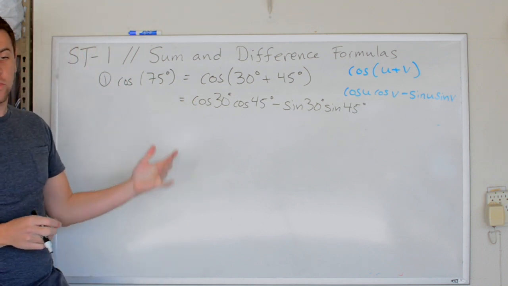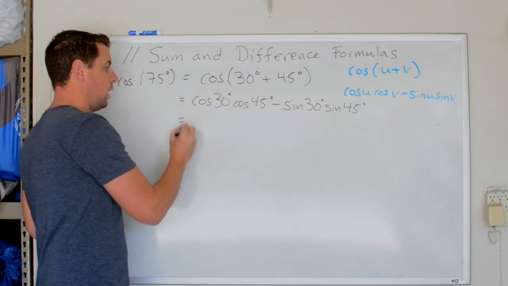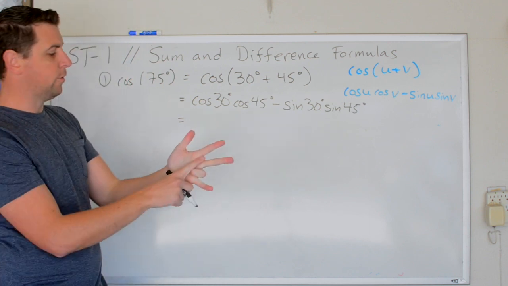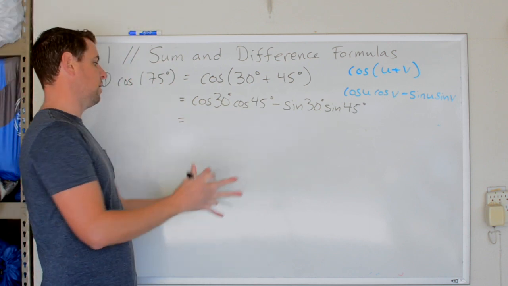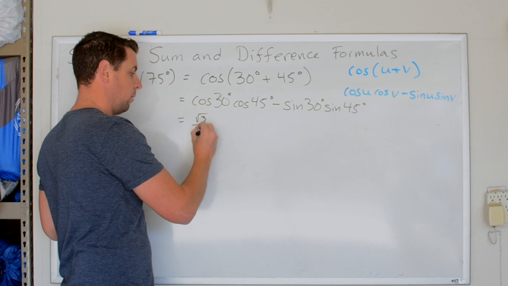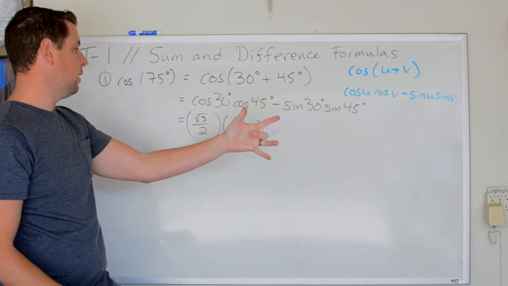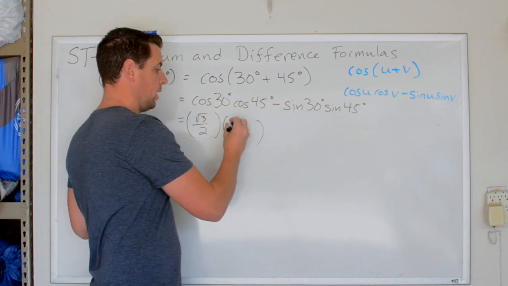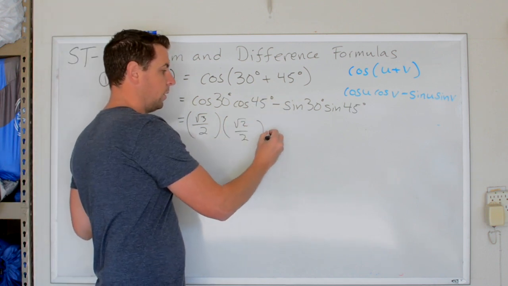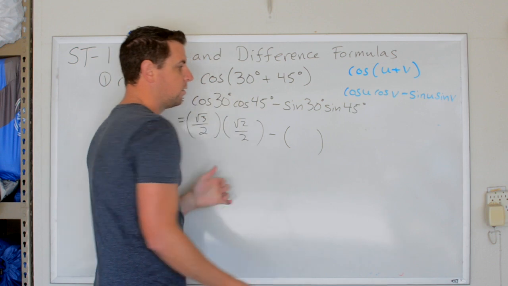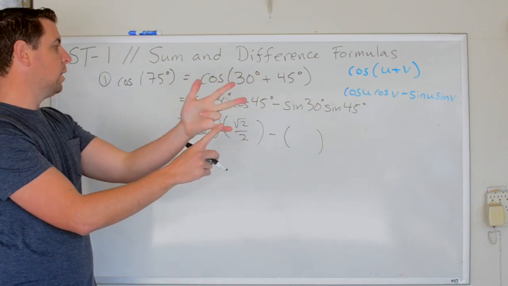Again, I like to use the left-hand rule, so I'm going to do that. For cosine of 30 degrees, if I pull back 30 degrees, cosine is the value on top, so that's going to be radical 3 over 2. Cosine of 45 degrees is the x value there. That's the value on top again, which would be radical 2 over 2. Minus sine of 30 degrees is the y value, which is 1/2.